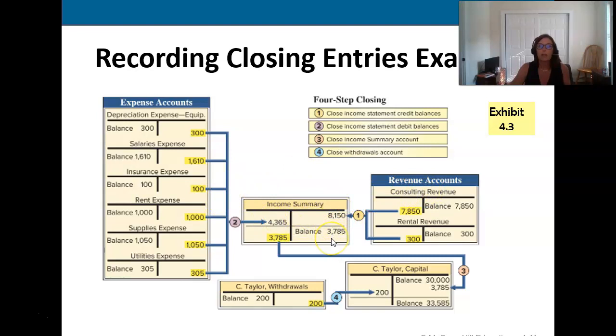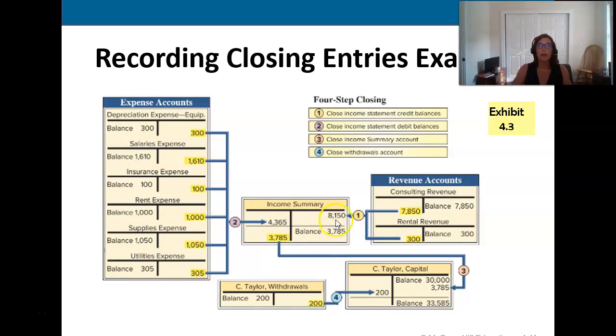And what is that balance? $3,785. Well, hopefully that is a number that you have seen somewhere else before. We've used a consistent set of transactions throughout these first few chapters, and hopefully you will recognize this number as the net income figure that we had.